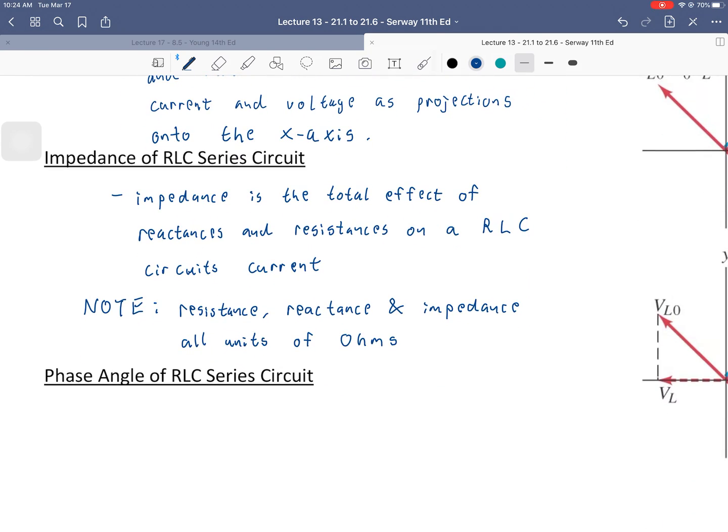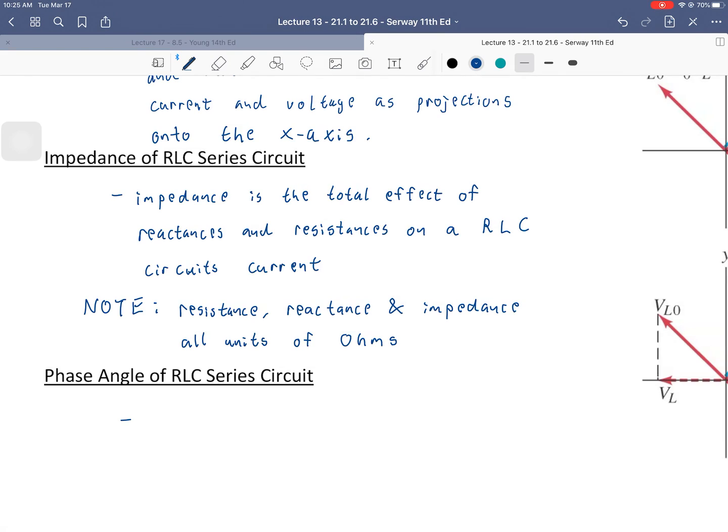All right, so then last idea here, the phase angle of the RLC series circuit. This is described as the angle of the right triangle composed in the picture of the total voltage, or the sum of the voltages across the inductor and capacitor, on one side of the triangle, and the voltage across the resistor on the other side.